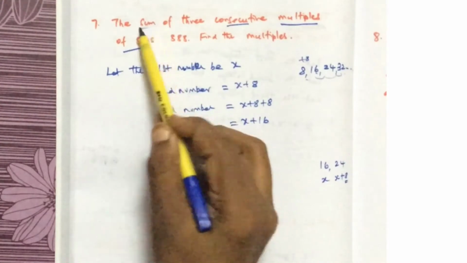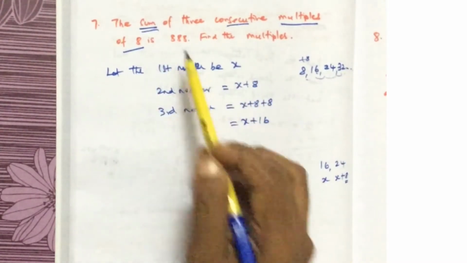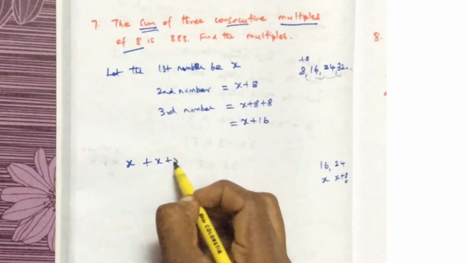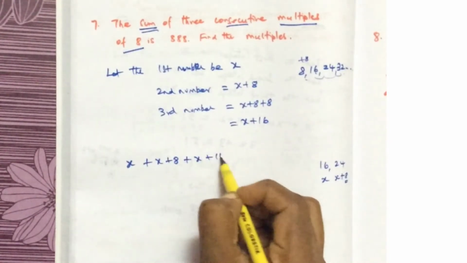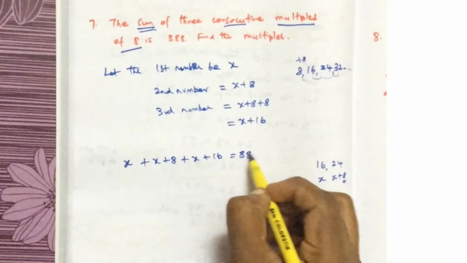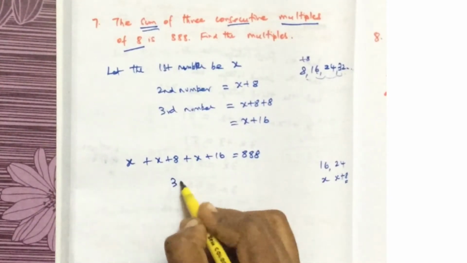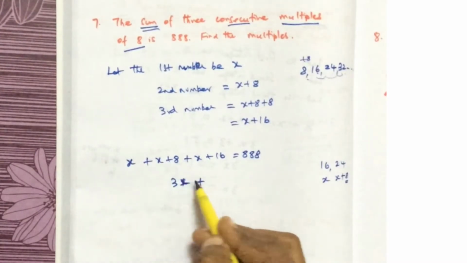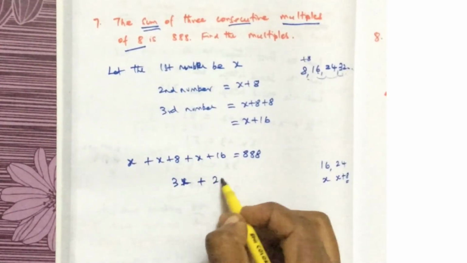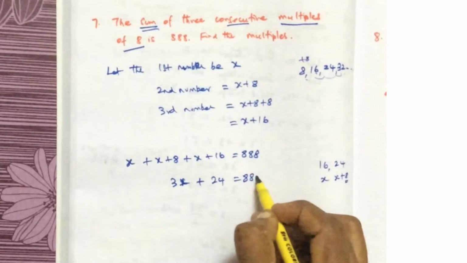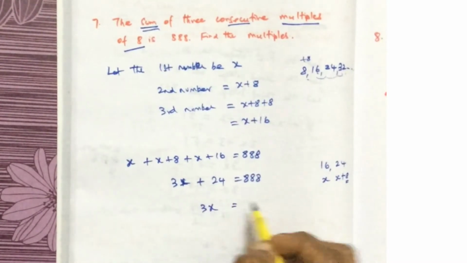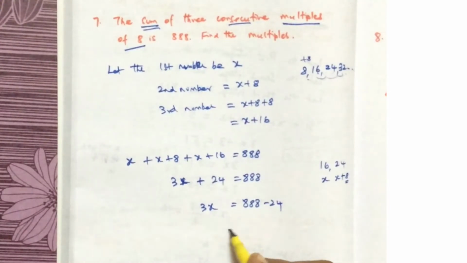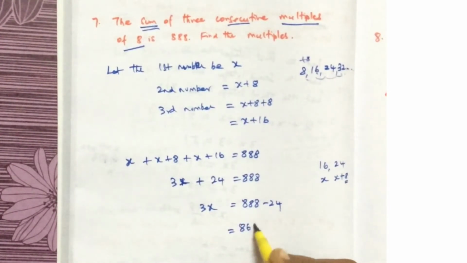So if you add the three numbers you should get 888. x plus x plus 8 plus x plus 16 is equal to 888. So x plus x plus x gives 3x. 8 plus 16 gives 24. 3x plus 24 equals 888. 3x equals 888 minus 24, that is equal to 864.